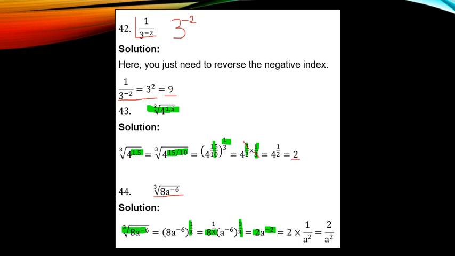To take away the negative from that power now, you write the inverse. And the inverse is simply 1 over a squared. When you multiply, 2 times 1 is 2 all over a squared. So that is the result you have for simplifying that index problem. Okay.